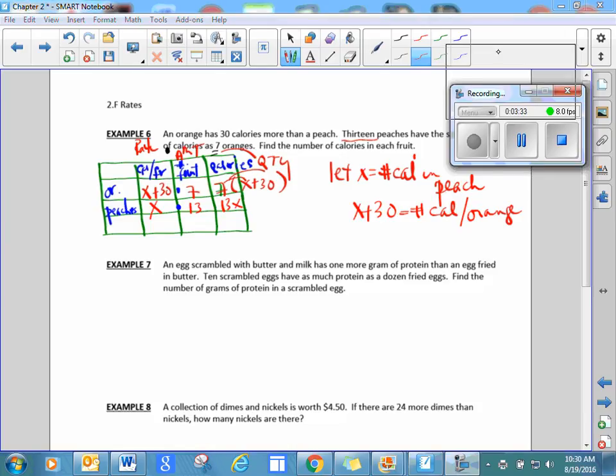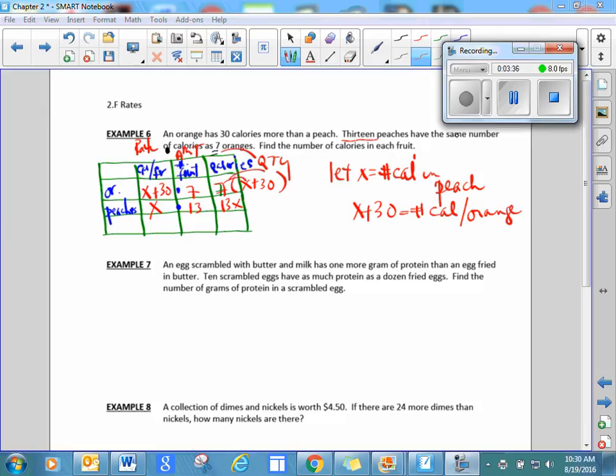Now we need to go figure out what our equation is going to be. It says find the number of calories in each fruit. So it says 13 peaches have the same number, there's your equal sign, of calories as 7 oranges. So if I can represent the calories in 13 peaches, 13X, that is going to equal the total number of calories in those oranges, which is 7 times X plus 30.